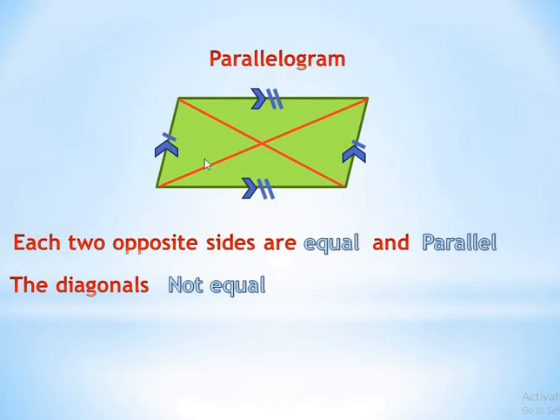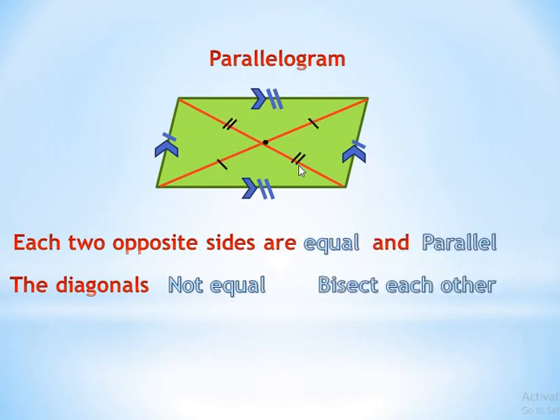If the diagonal length here was 6 centimeters, this part will be 3 centimeters and this will be 3 centimeters. If the diagonal length here was 4 centimeters, each part will be 2 centimeters. So the diagonals in the parallelogram are not equal, but bisect each other.